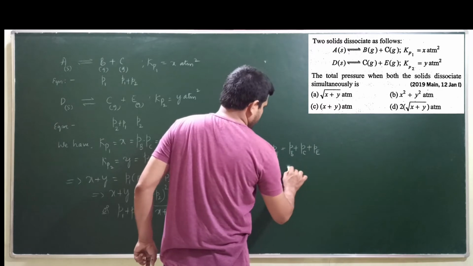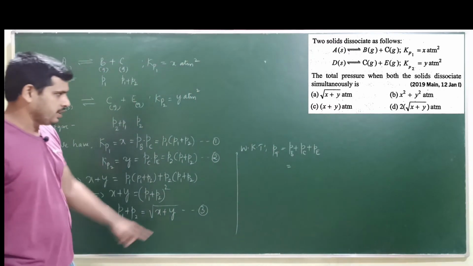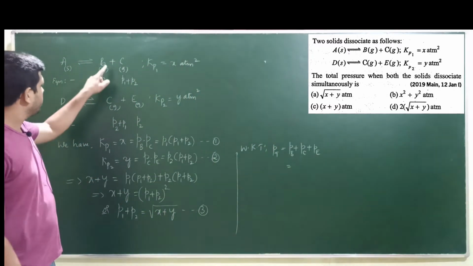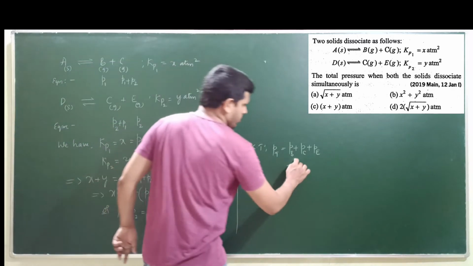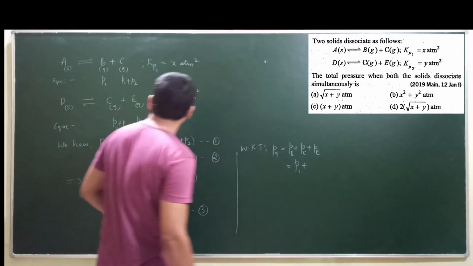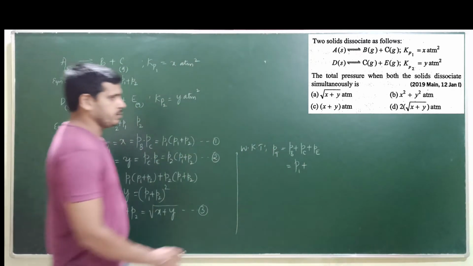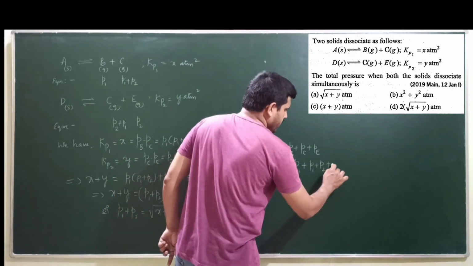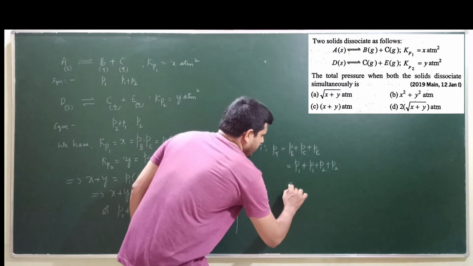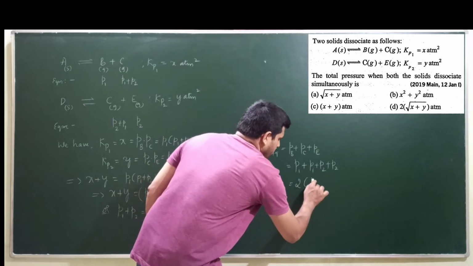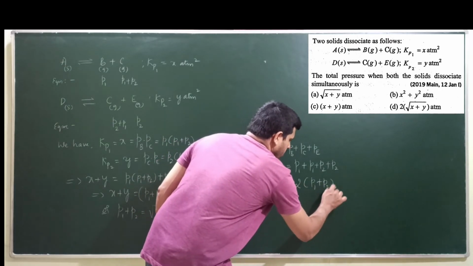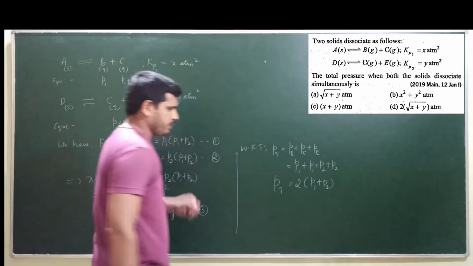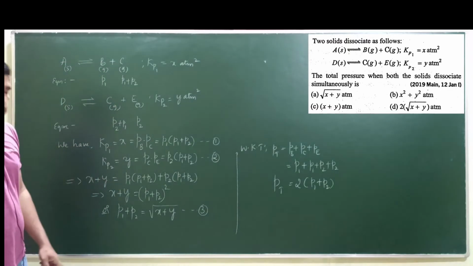Pb is here P1, plus Pc is P1 plus P2. What is Pe? P2. So can I write this as 2 times P1 plus P2? Am I right? Total pressure is equal to 2 into P1 plus P2.